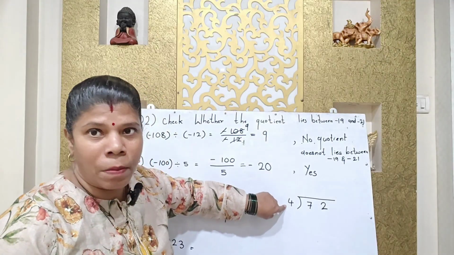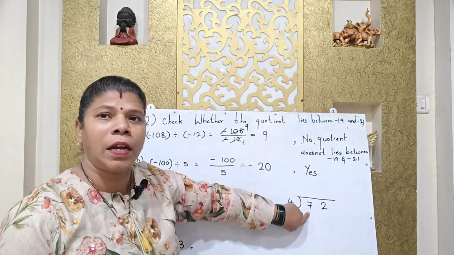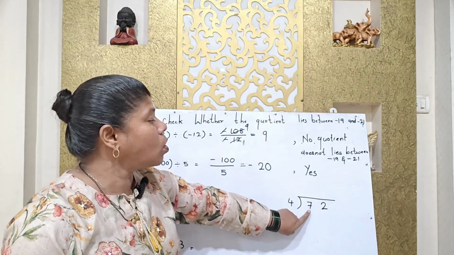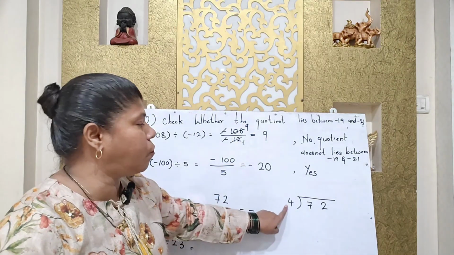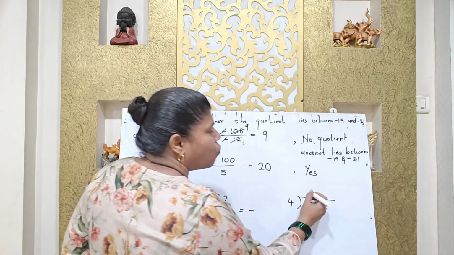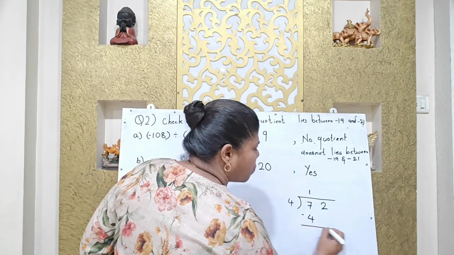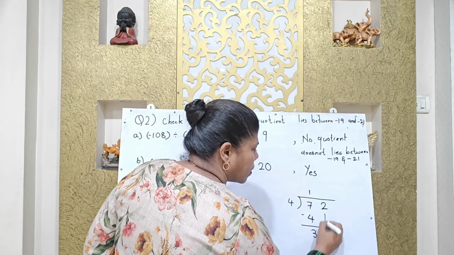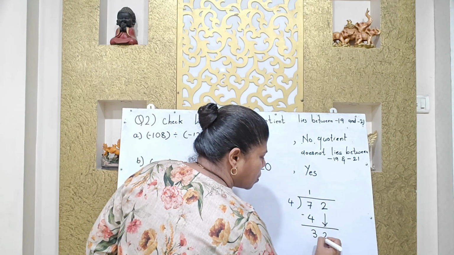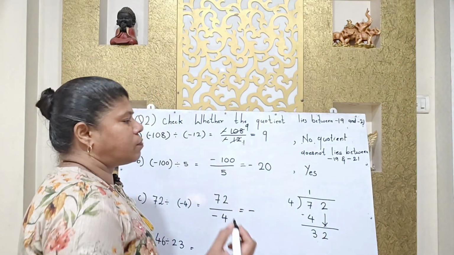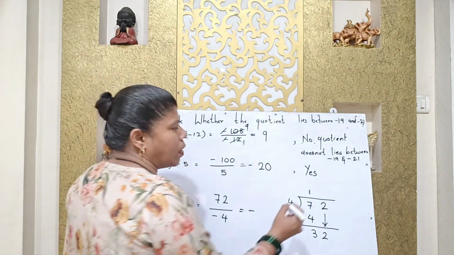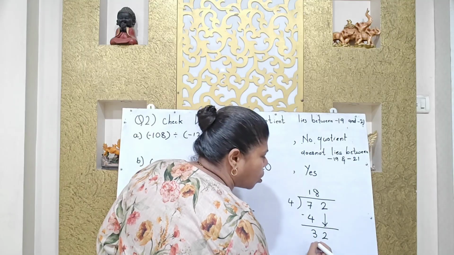When there is a 1 number in divisor, we will take the 1 number in dividend. So 7 is greater than 4. So we can directly perform 4 ones are 4. 7 minus 4, 3. Take 2. 4 8s are 32.